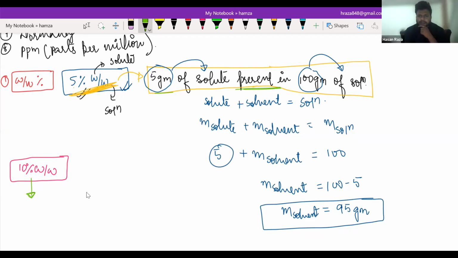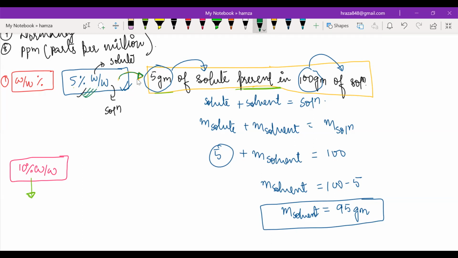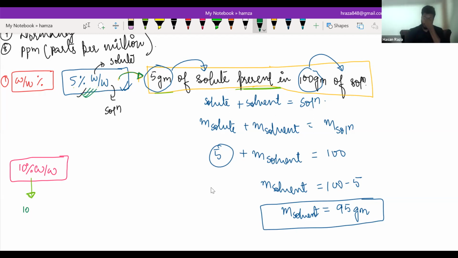I'm telling you that if this was given, you can see 5% weight by weight, and I wrote a whole sentence about it. Then it will be 100 minus 10.